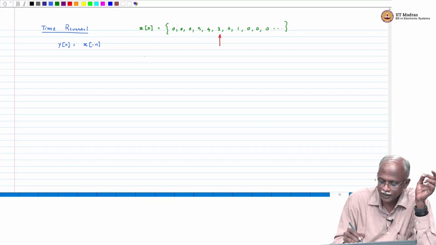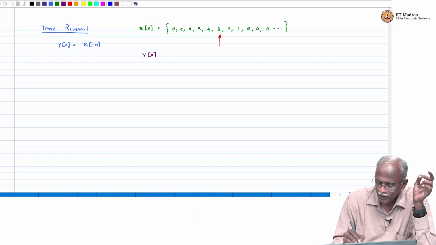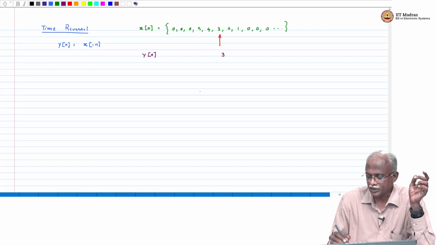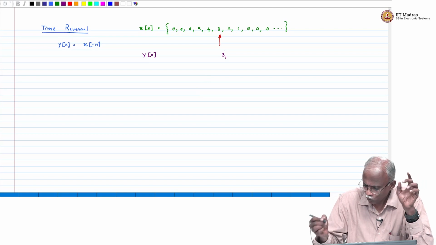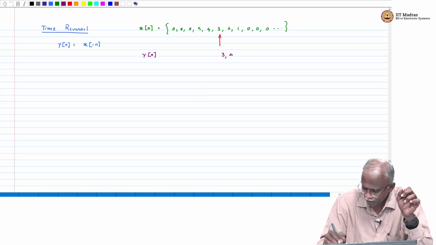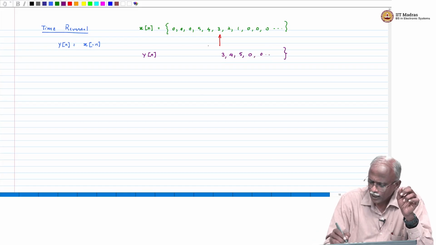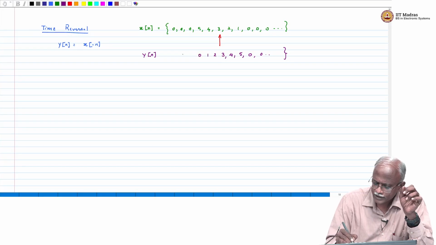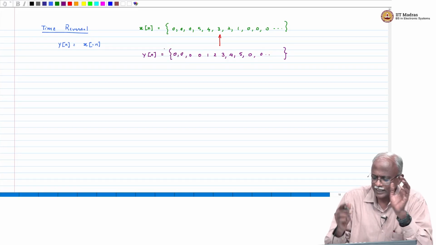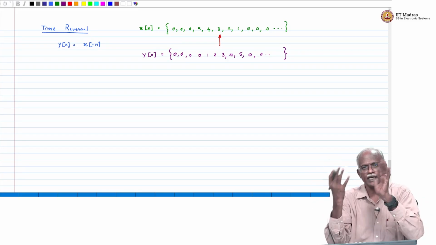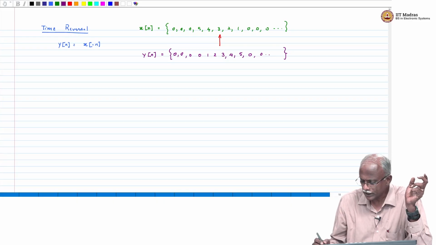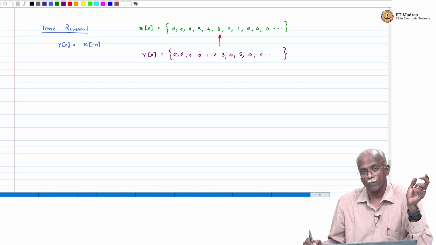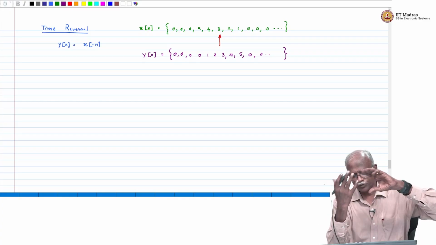So y of n has the following construction. Same position at 3. At n equal to 1, it's the same as x of minus 1. So this becomes 4, 5, then zeros. And on this side, you will have 2 and 1 and then zeros. So basically it's a mirror image, a reversal of the signal. I hope you are able to visualize it.